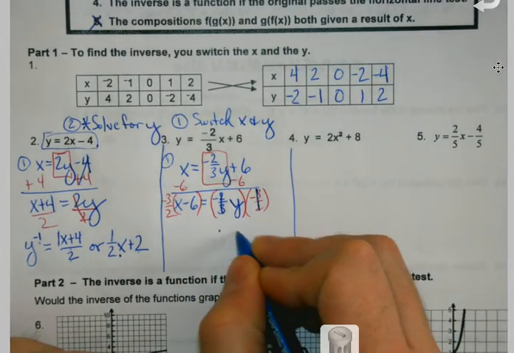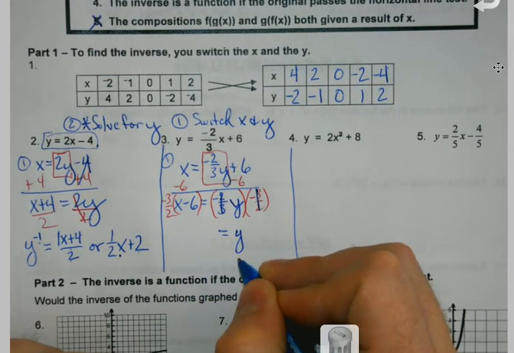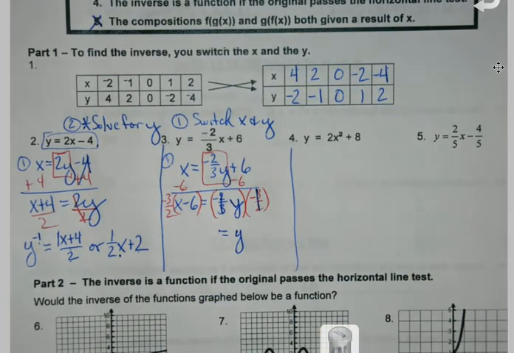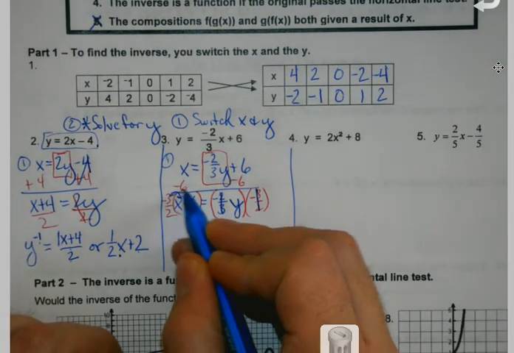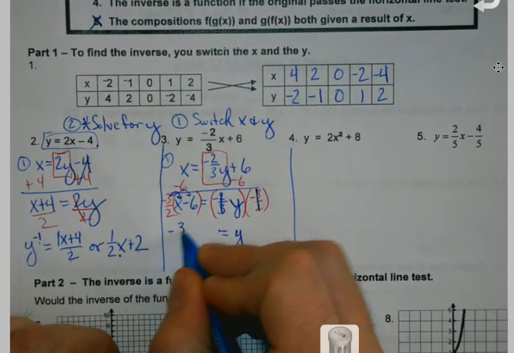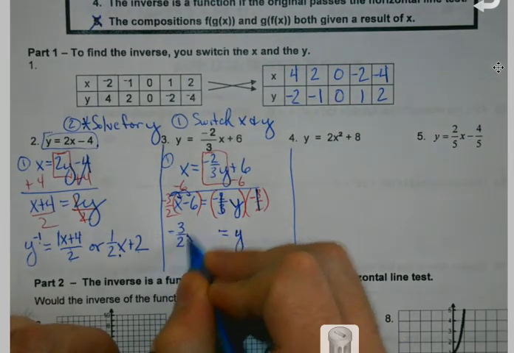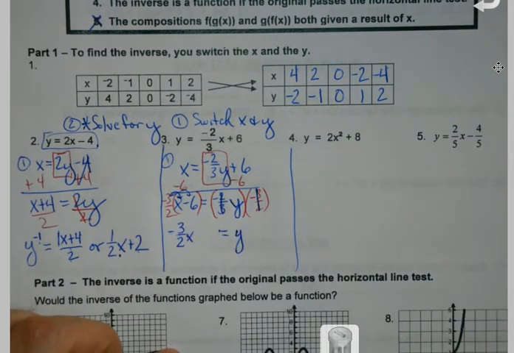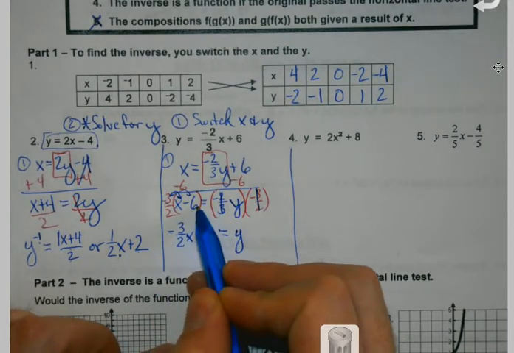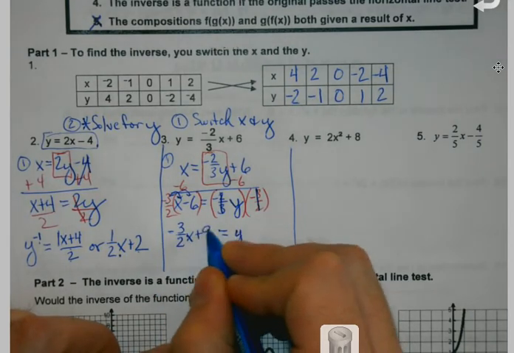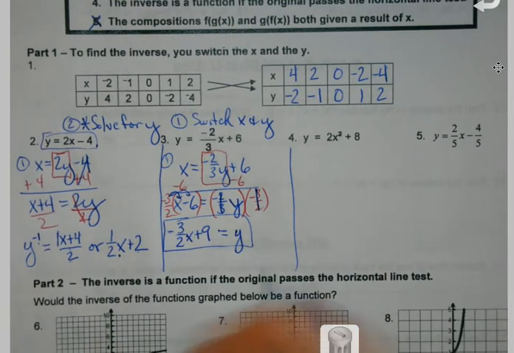Is the reciprocal still negative? Yeah, because I need the negative times negative to get that y by itself. And I'll show you the other way too. Then I just would distribute that -3/2 through. So I'd have -3/2 x, and then -3 times -6 is 18, divided by 2 is 9. That would be what I'm working with.